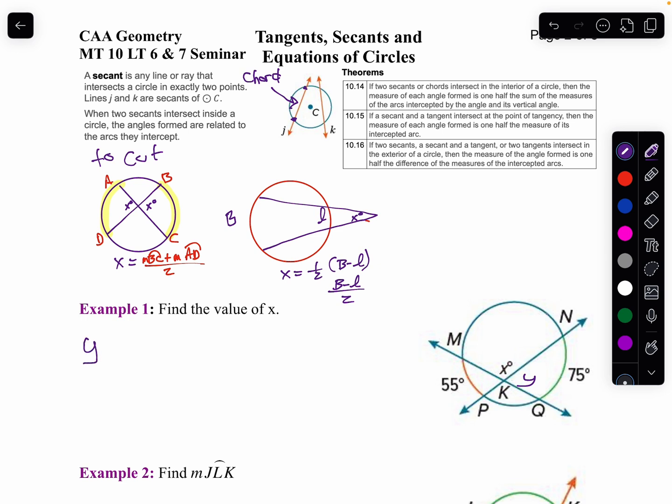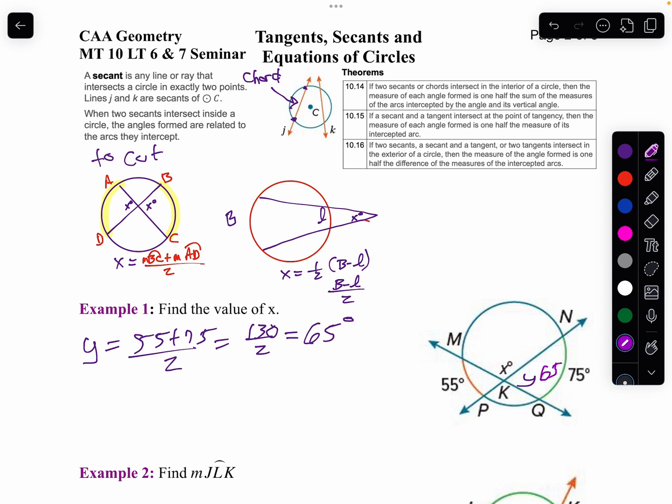Y is going to be the average of 55 and 75. So 55 plus 75, well, that's 130. We'll divide that by 2, and we'll get 65 degrees. So Y is 65.